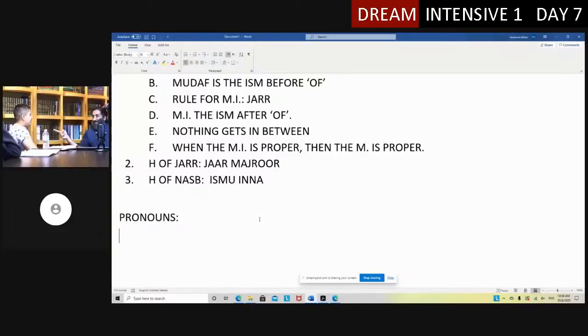Anta, antuma, antum, anti, antuma, antunna. Ka, kuma, kum, ki, kuma, kunna. Good.